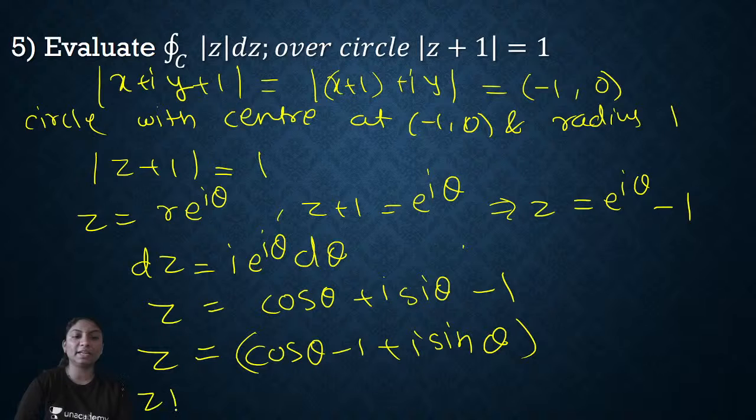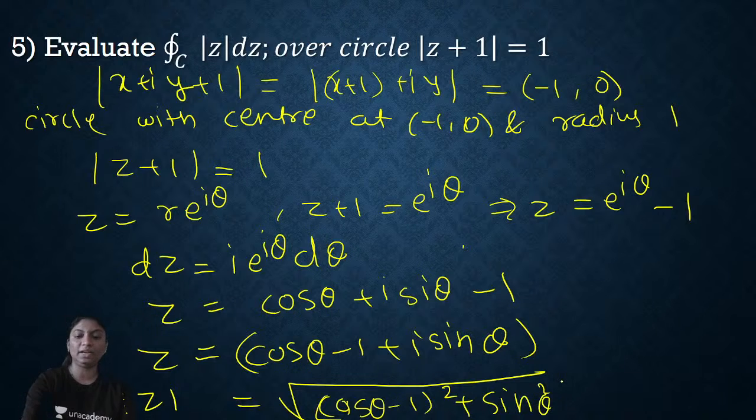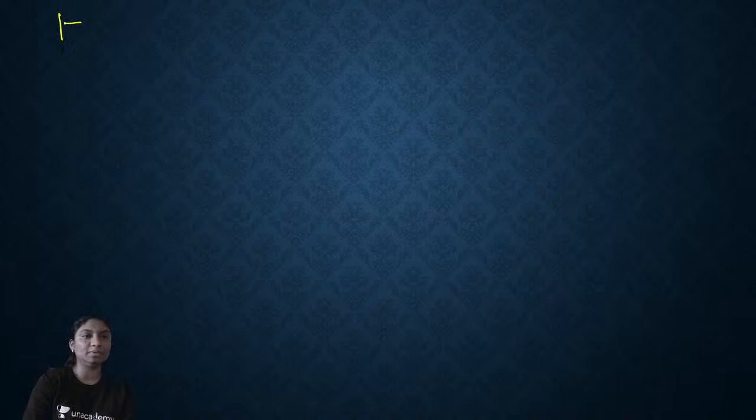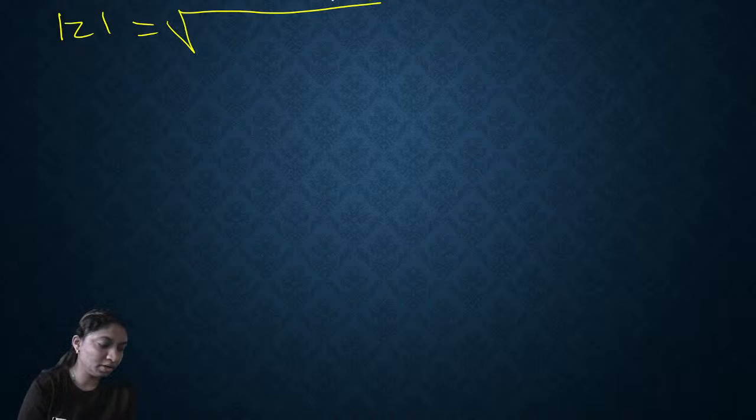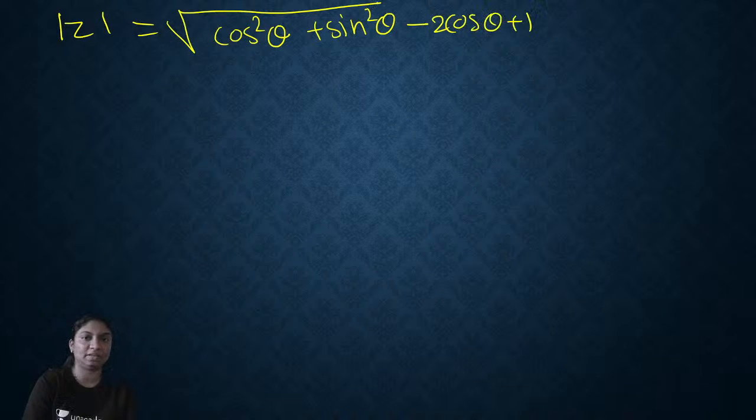So mod of z क्या होगा हमारा square root of x square plus y square. So cos theta minus 1 bracket square plus sin square theta, right? So mod of z बन जाएगा square root of cos square theta plus sin square theta minus 2 cos theta plus 1, right?